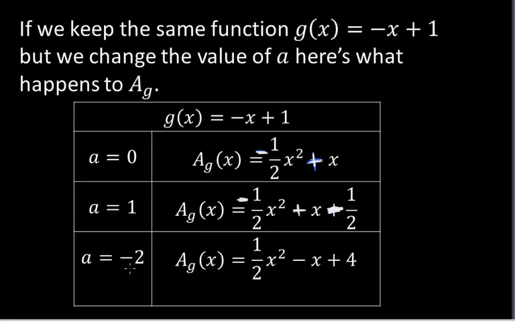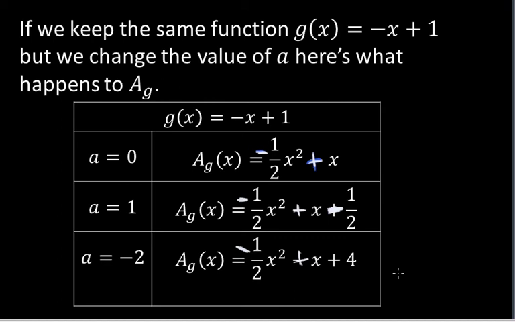I'm sorry. And if a is negative 2, if you find the area function, you'll get minus 1/2 x squared plus x, and we want the function to be 0 at negative 2, so this would be minus 2 plus 4, so that one's okay there. Sorry about that.